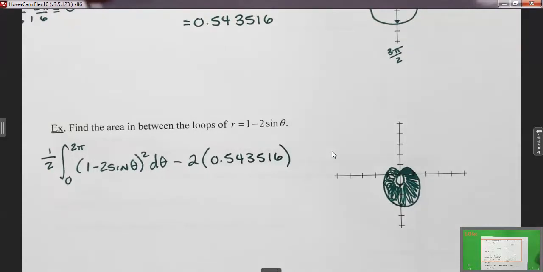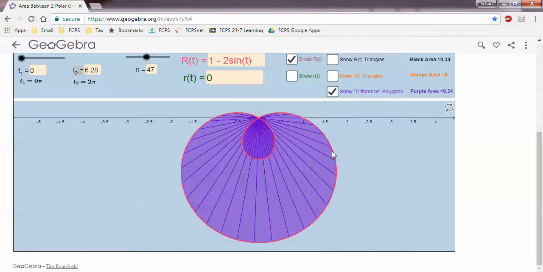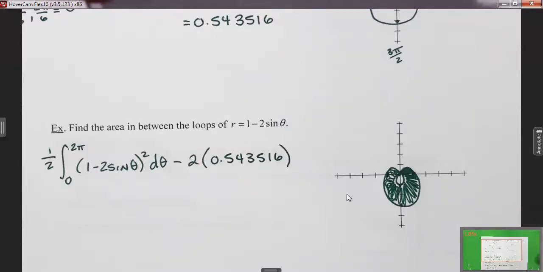Does anybody need me to explain that again? It's always a double layer, because when you sweep around, you overlap yourself. That's why you subtracted twice. You always subtract it twice, unless you want to find the area enclosed by it, and you actually want this circle part, then you just subtract it once.